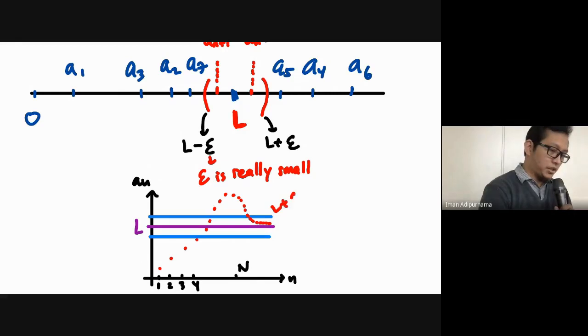This is L plus epsilon, and this is L minus epsilon.